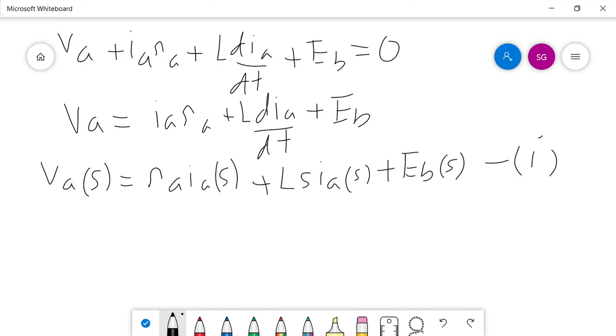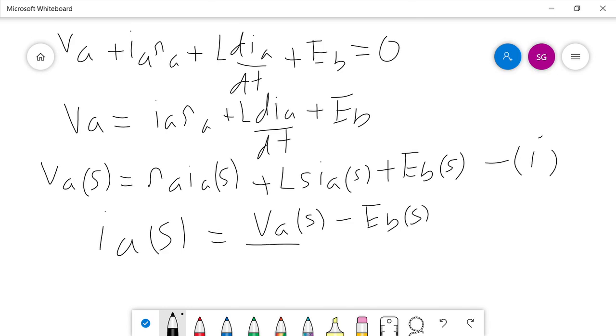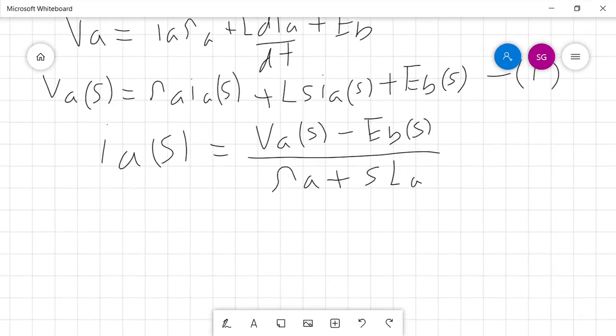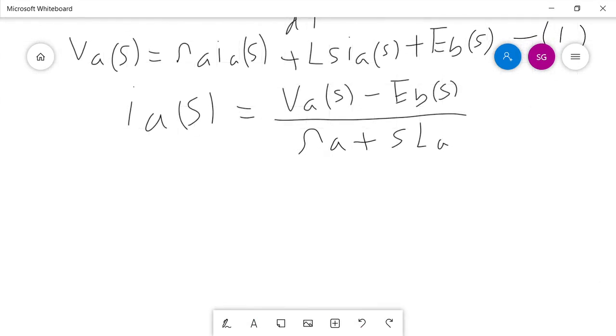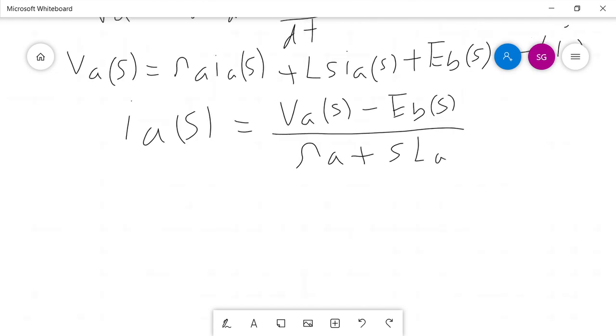Okay, this could be rearranged, so we can find IA. IA(S) will be equal to VA(S) minus EB(S) divided by RA plus S LA. Again, we can rearrange this in time constant form.